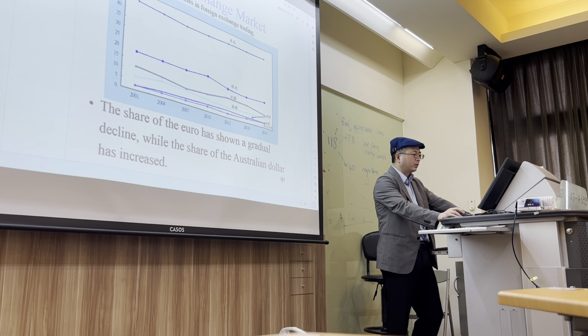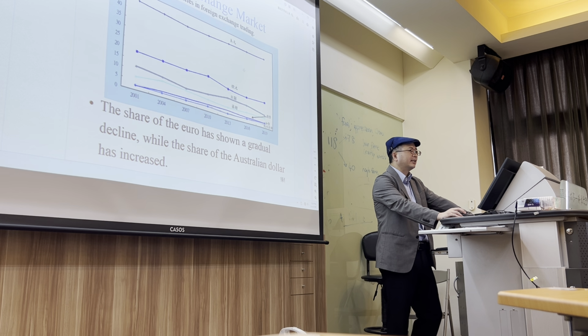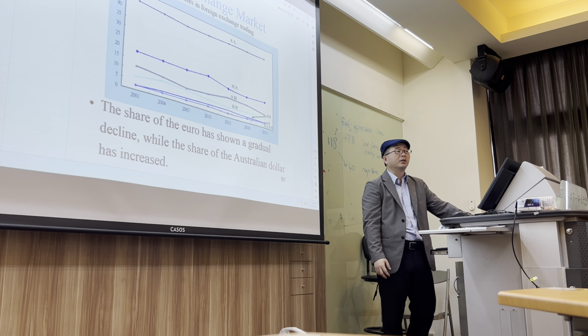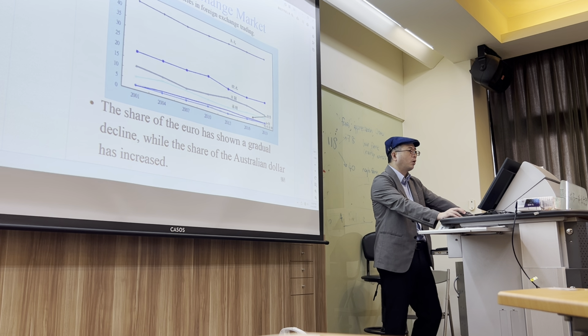This shows that despite the USD taking some share of the euro, because Australia has some of the minerals and materials that Chinese people really want, people want to hold the Australian dollar as one of their international reserves. Also, the interest rate on Australian dollars is very high relative to other currencies.